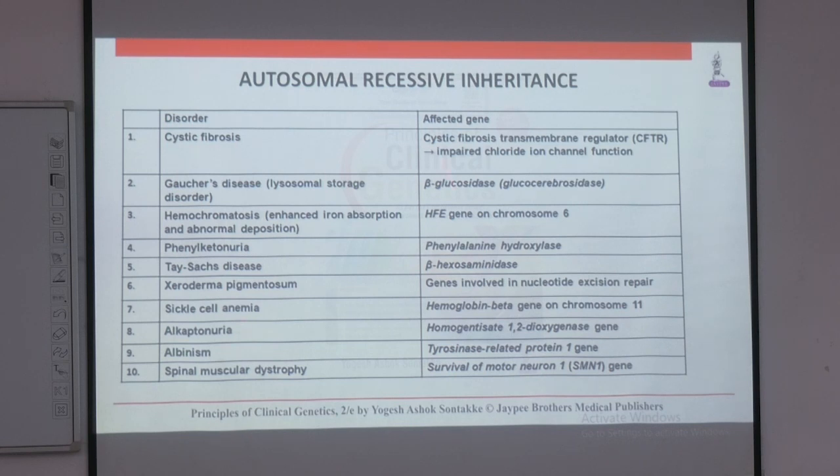Along with that, we have several other diseases like sickle cell disease, albinism, and PKU, phenylketonuria. All these are autosomal recessive disorders.